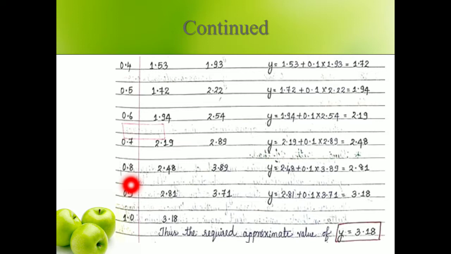Next x value 0.8, y value is 2.48, y dash value is 3.28, y value you will be getting 2.81. 0.9, 2.81, 3.71, and your new y value will be 3.18. So when the x steps complete, at x value 1 it is 3.18. Thus the required appropriate value of y will be equal to 3.18.